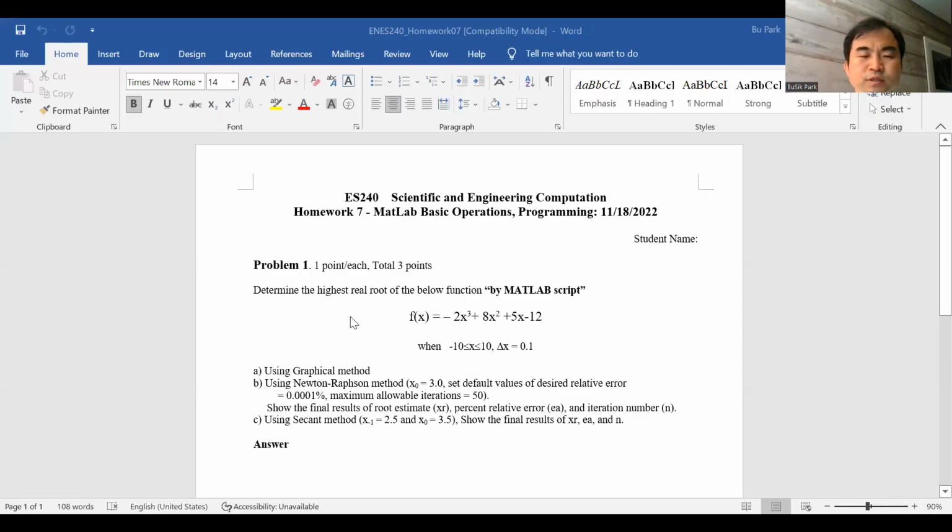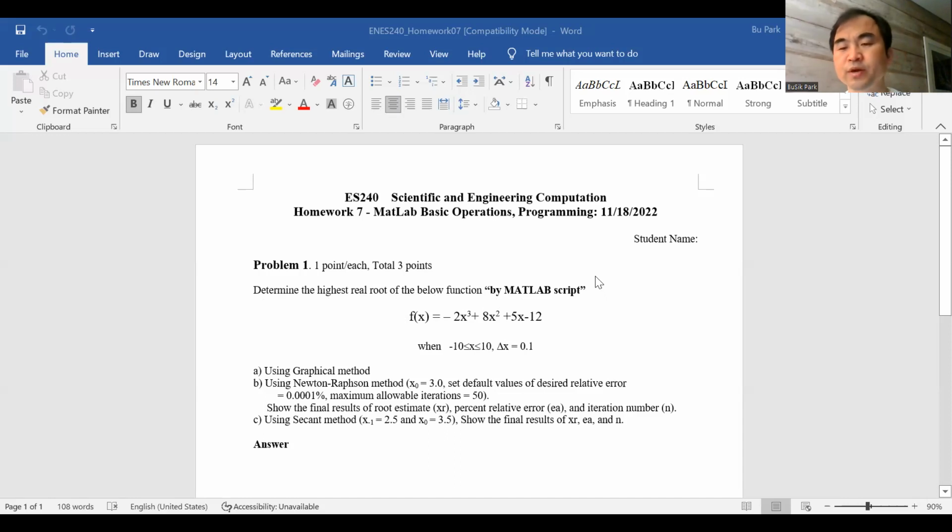Another thing is that I uploaded homework number 7. So here is homework number 7. Determine the highest real root, not the lowest one, the highest real root, of the function below by MATLAB script. So not by hand.